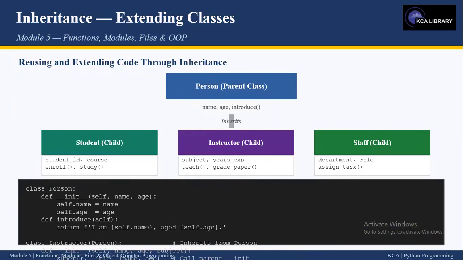Inheritance and extending classes. Inheritance allows a child class to acquire the attributes and methods of a parent class, enabling code reuse and the creation of class hierarchies. In the example below, Person is the parent class. The Instructor class inherits from Person and adds its own subject attribute and teach method.